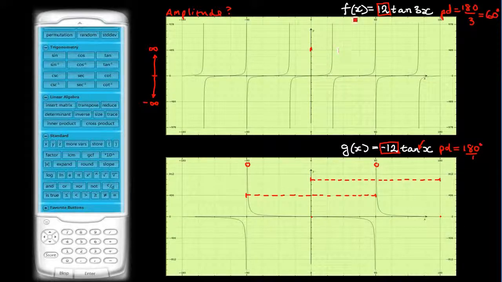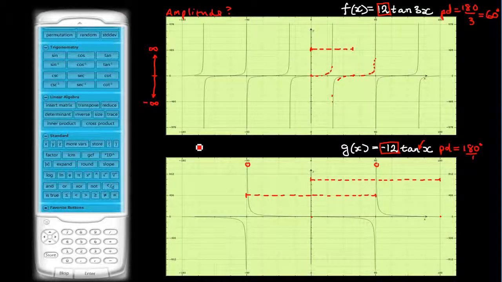What I can do is say to myself, well, where is 60? It's going to be a third of 90, so something like that. Okay, draw my line, and again have a look at what's happening to the graph. Well, the graph does its switch here, and it does its switch here. So if I have a look at what happens to the graph, and then it reappears here, sure enough it's going to repeat exactly what it did here. So off it goes again.